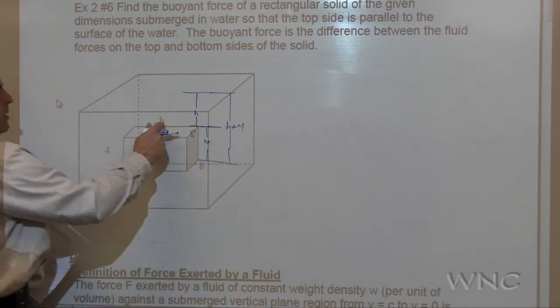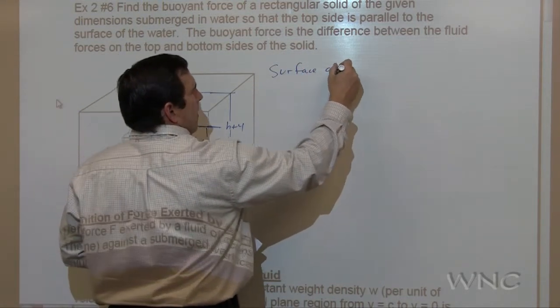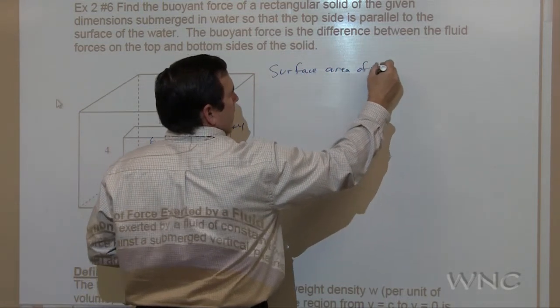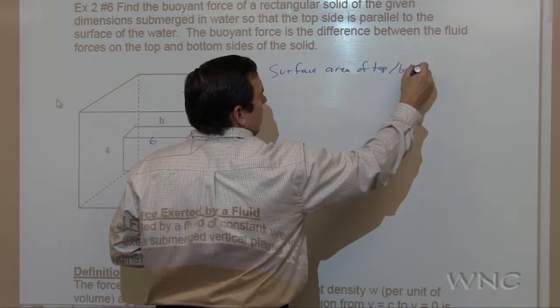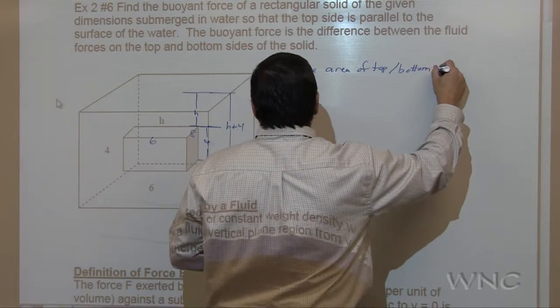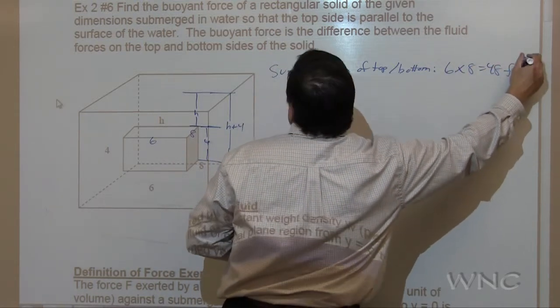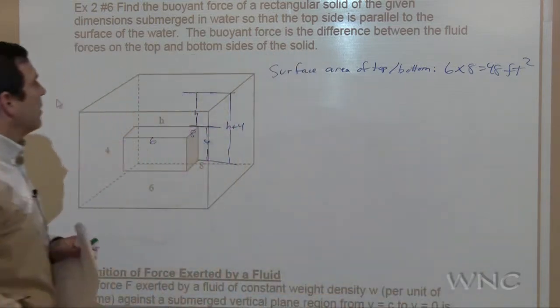So the surface area of the top and the bottom, they're the same because it's a rectangular solid. It's going to be 6 times 8, which is 48 square feet. Is this feet? We'll go with feet.